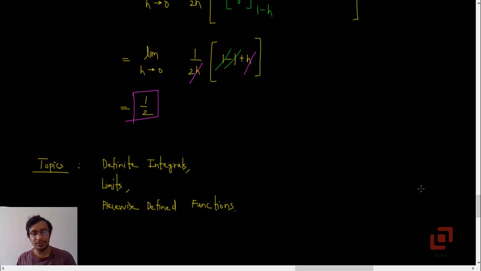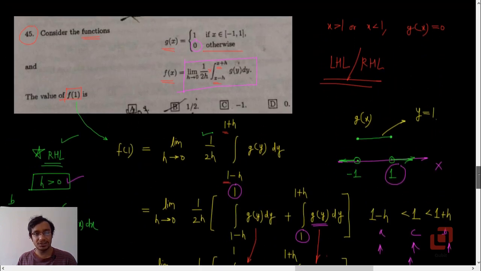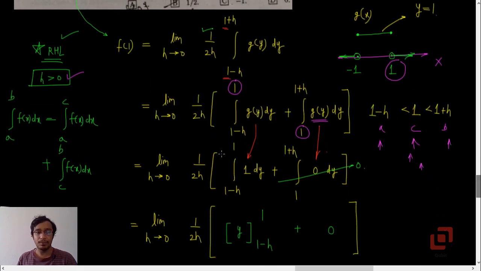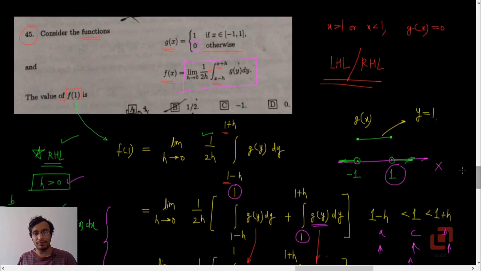So this last MCQ from the aptitude test was based on definite integrals, limits, and piecewise defined functions. I would say this sum requires you to know what definite integrals are, how to find them, and more importantly, how to use their properties, so that we could find the value of the function at any given point.